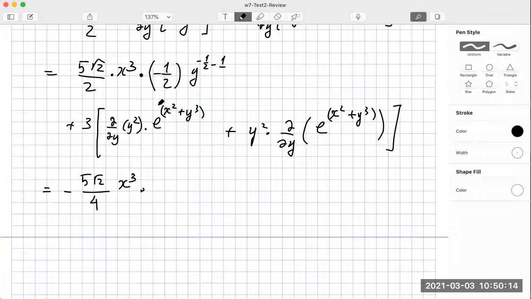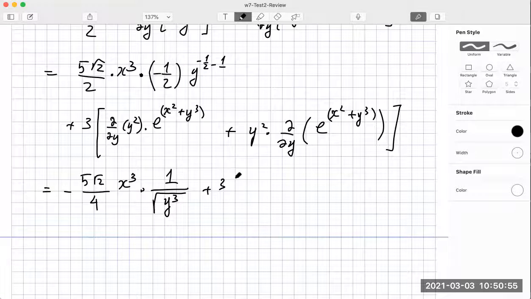Let us continue. And here, y to the negative 3/2. Again, it is a negative power, so we can bring it down to the denominator, which will be y to the 3/2, or we can write it as square root of y cubed. Very good. This guy, the number 3, is outside.